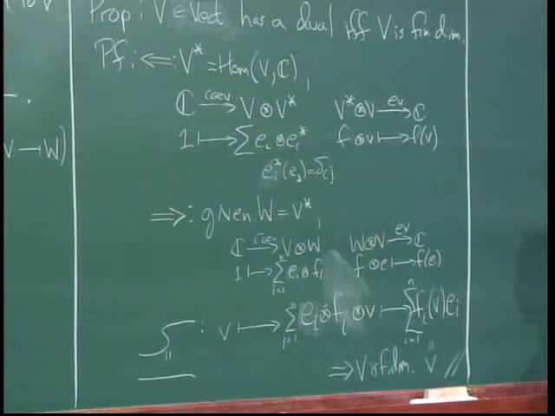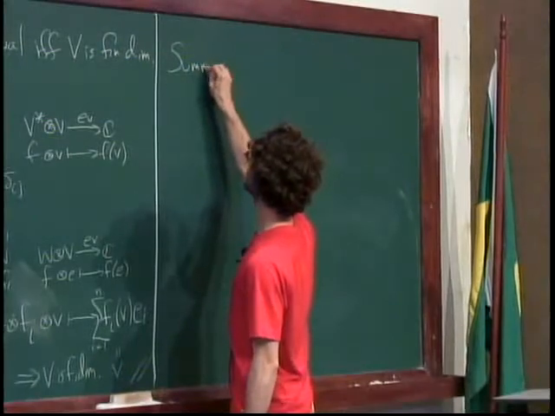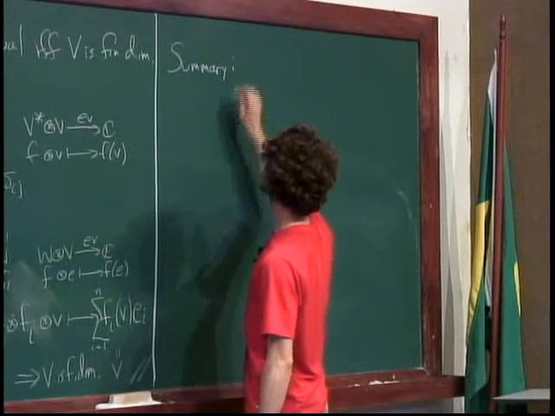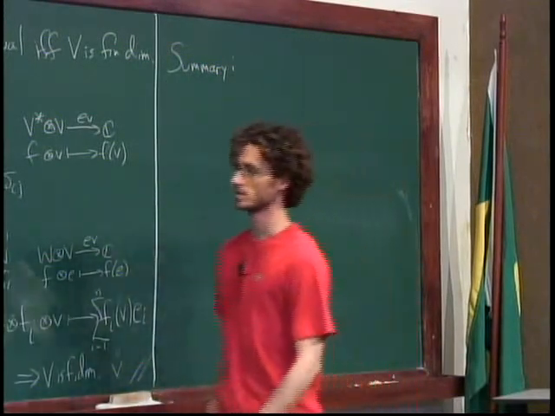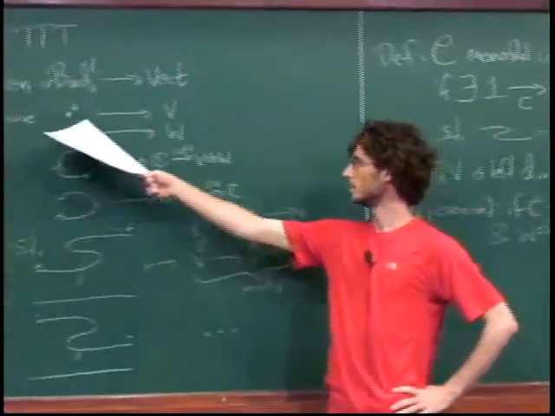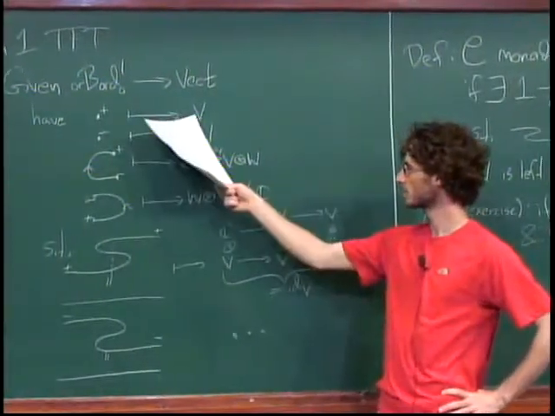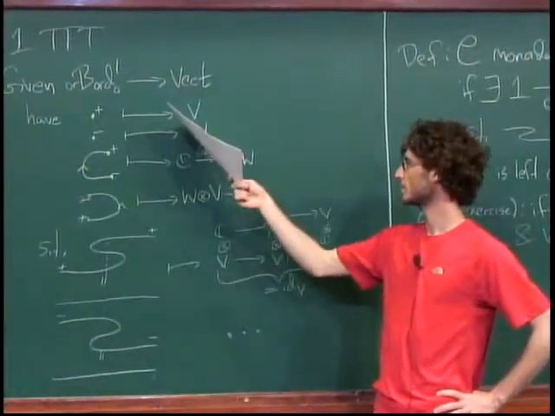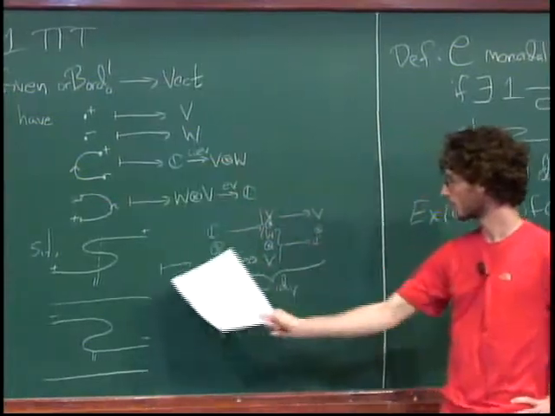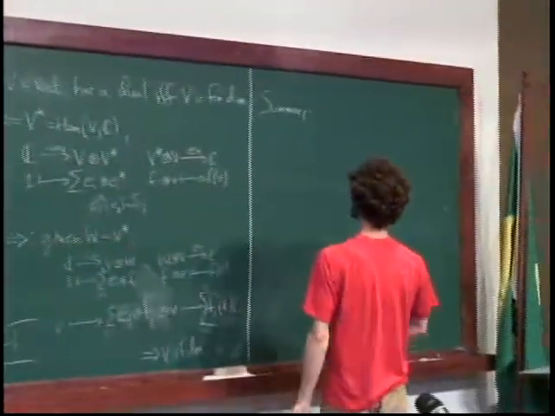Okay, so what's the summary of what we've done so far? What we saw, essentially, is that if we had a TFT, then the image of the point was some finite dimensional vector space. And on the other hand, if we had a finite dimensional vector space, we could just write down all of this data, and it would indeed give a TFT.